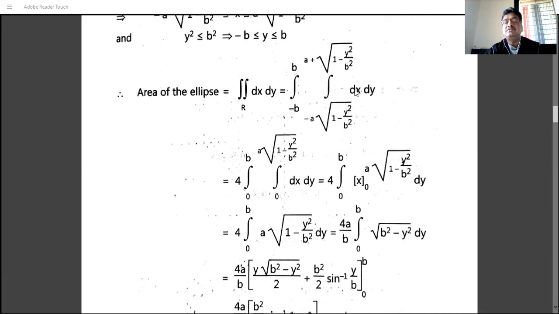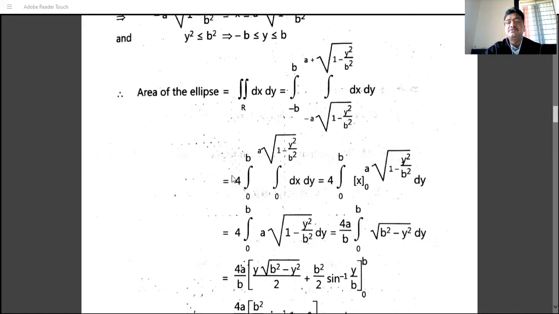So the integration of 1 dx is x, and we know that minus a to a is 2 times 0 to a, the rule of integration, and so minus b to b is 2 times 0 to b, and minus this factor to plus this factor is 2 times 0 to this factor.